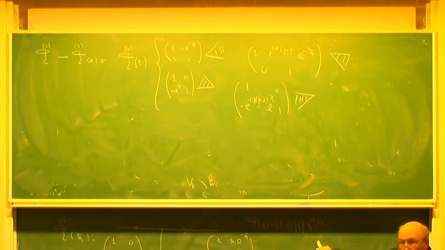If you allow me to skip it, I would rather skip it, because there is another logic. You have to impose the condition which would allow you to solve the problem. There is only one way to choose the behavior at infinity so that you really have a well-posed problem which has a solution. And then you have to check that with this behavior at infinity, you have a good matching condition.